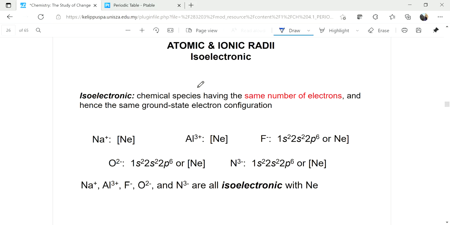So it can be an ion, it can be an atom. For example, the sodium ion is isoelectronic to the neon atom. Why? Because the electronic configuration of the sodium plus ion is similar to the electronic configuration of neon.